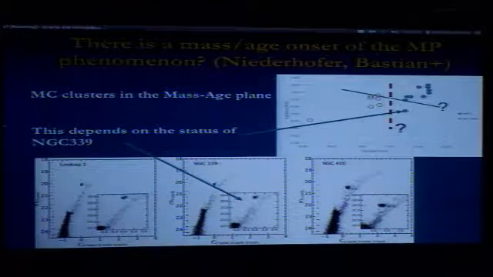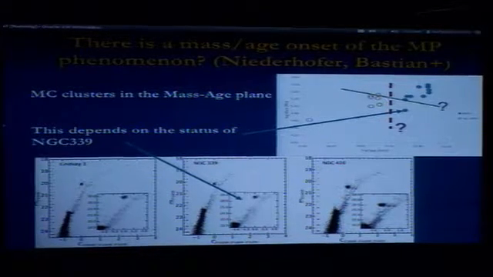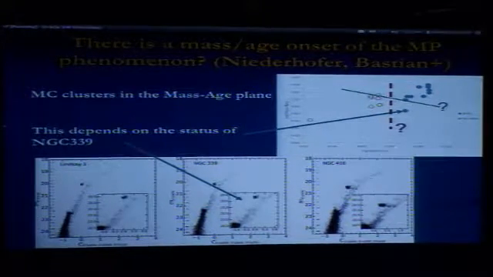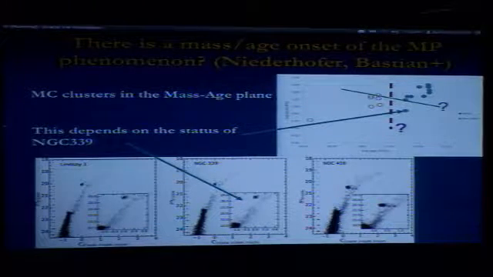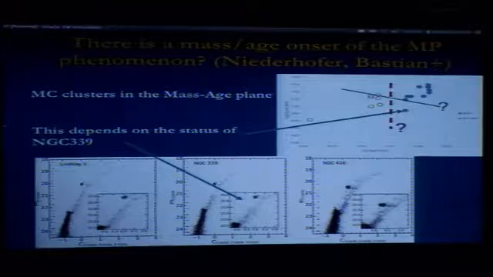And they find that all clusters that are older, these are mainly LMC and SMC clusters, all clusters that are older than about 3, 4 something billion years show the oxygen-sodium anticorrelation. These are all massive clusters with mass of the order of 10 to the 5 solar masses, while all the young ones do not show it.